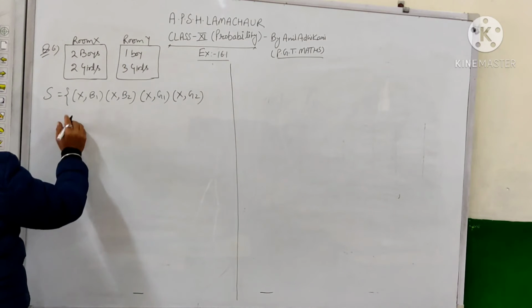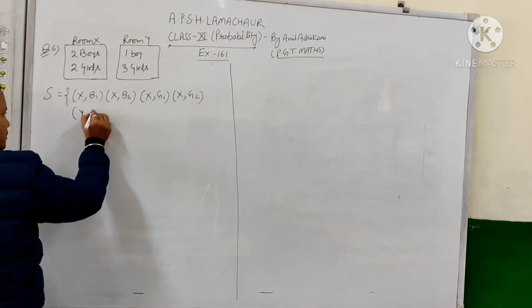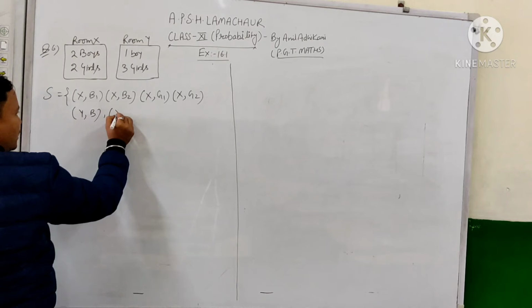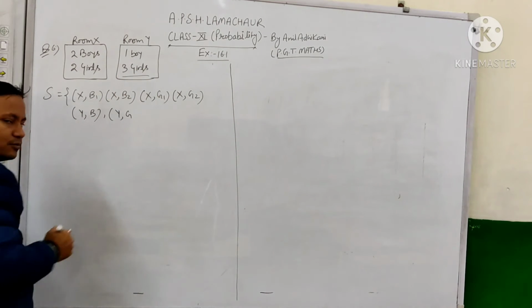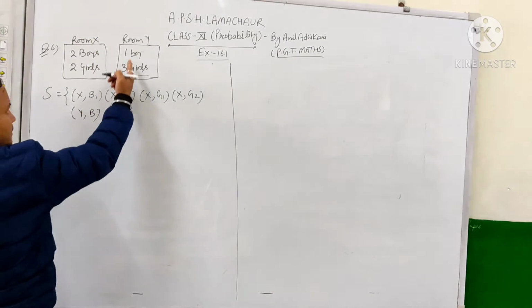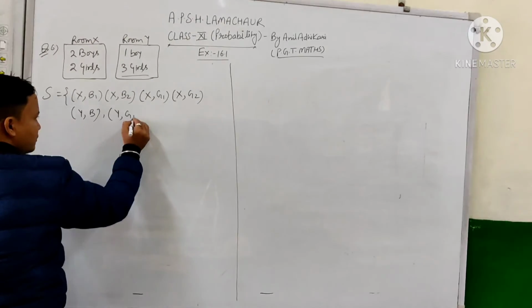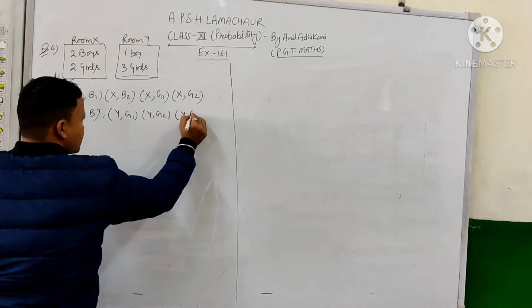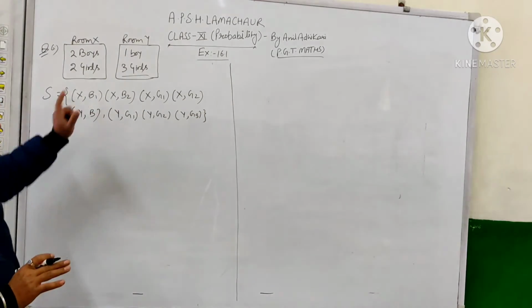Similarly, we are selecting room Y, then selecting 1 boy. There is only 1 boy, so we can write it like that, B. Now room Y, then selecting, there are 3 girls in room Y, so we will select 1 by 1. So room Y G1, next room Y G2 and next room Y G3. So these are the possibilities for this particular experiment.